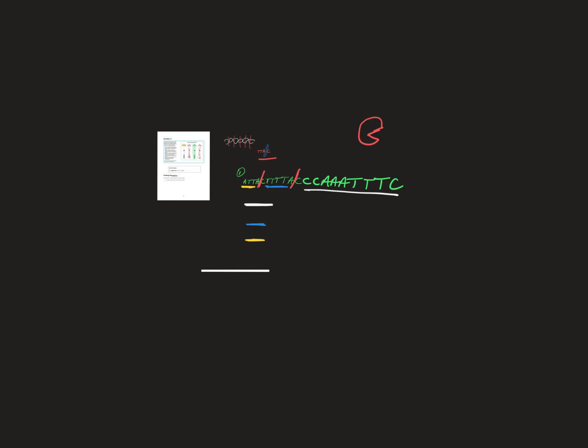On the other hand, if that same gene for a different species had a T T G, right? T T T A C C A T T T C, right? Then you would find that there would be a TTAC here, and they'd cut it.